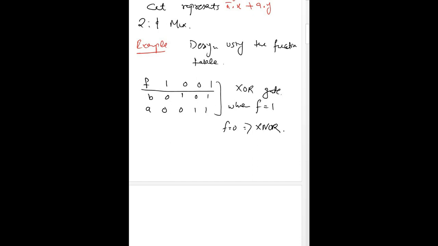So the equivalent circuit of this table can be drawn by looking at this table. The equivalent circuit has two levels because we have two inputs. This can be drawn easily.